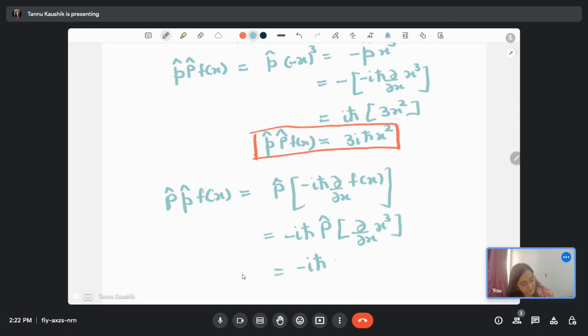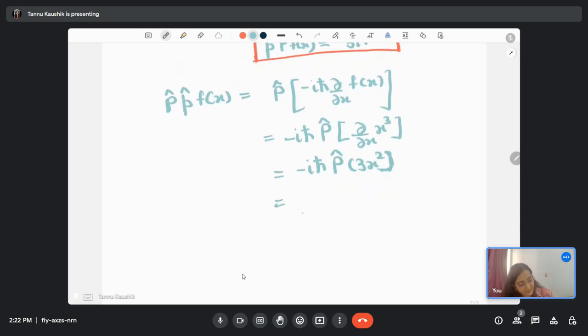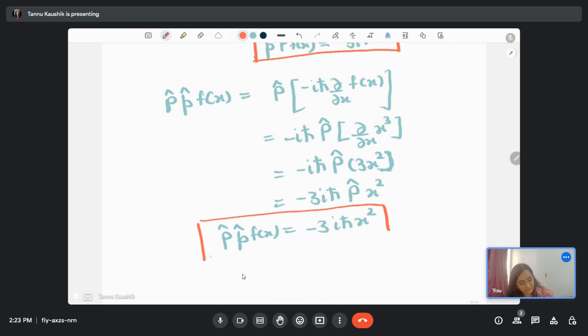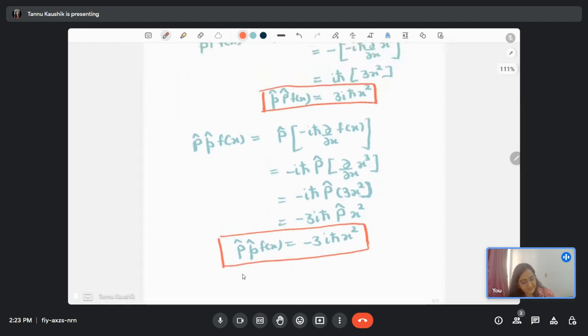I'm taking this minus iota h bar outside, so del by del x of x cube will give 3x square. Now taking this 3 out, minus 3 iota h bar, this parity operator will now operate on x square. So what will we get? We substitute x with minus x, and the square of minus x is x square, so we get minus 3 iota h bar x square.